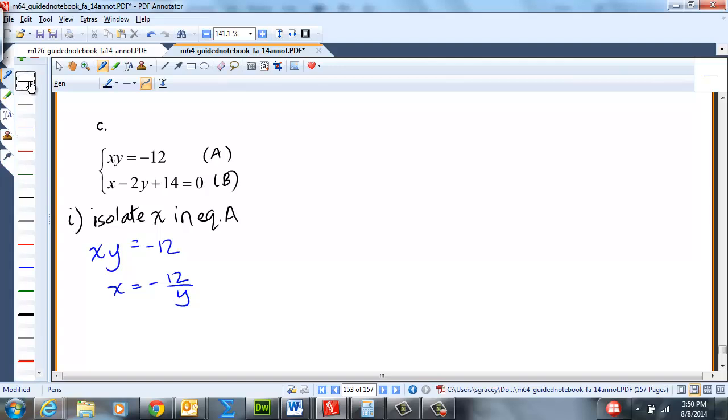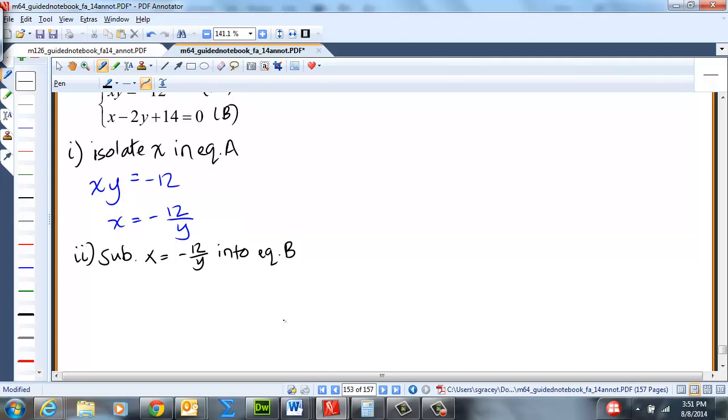And then what we need to do is substitute x equal to negative 12 over y into equation B. So equation B is x minus 2y plus 14 equals 0.